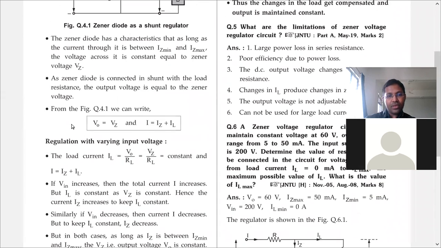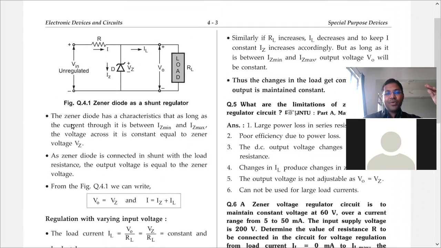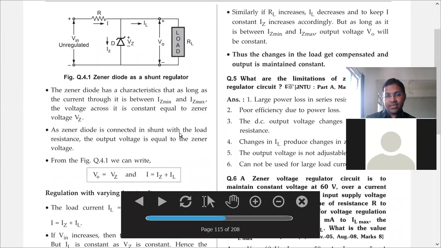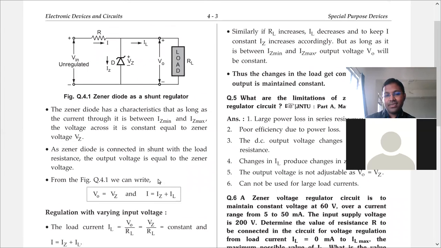But IL is constant. So when I increases, which among these two increases, Iz or IL? Iz, very good. IL is constant, so Iz has to increase.